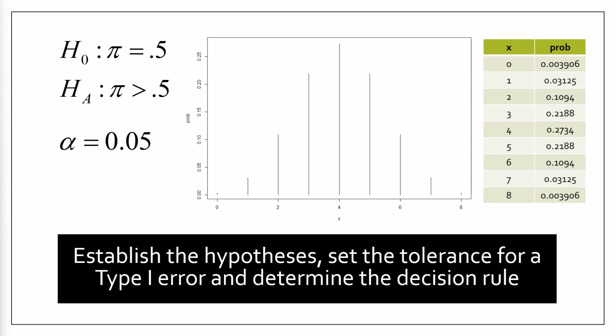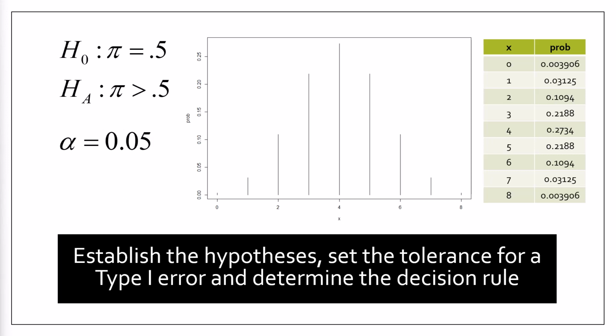Wouldn't that be if everyone was successful, if you had a 100% success rate in your sample? That is, all 8 would be successful. So we are going to put that in what we call our rejection region, meaning that if we get that value, we're going to reject the null hypothesis. The probability of that is 0.003906, and all we need to do is keep the probability under 0.05.